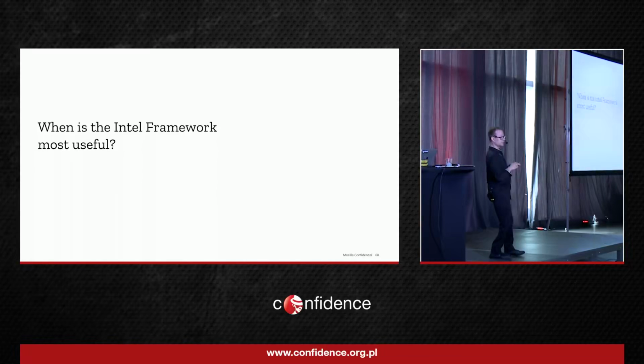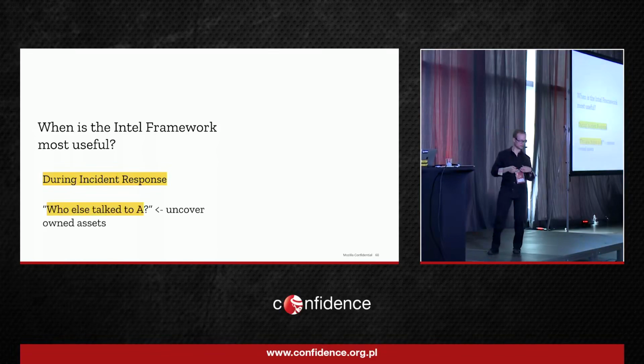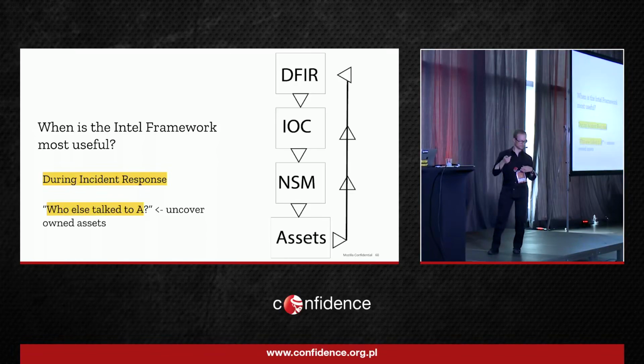And I got a question for you. When do you think matching IOCs is most important? So matching IOCs for us is most important during the incident response, because you are doing something like this. You detect some compromised asset, and this asset has a backdoor on it.